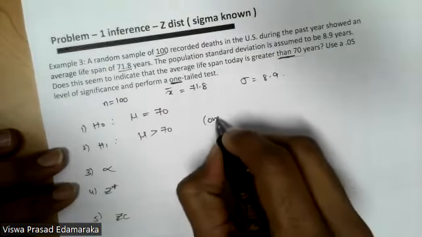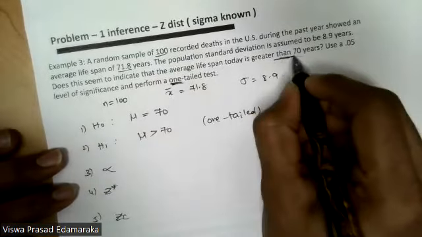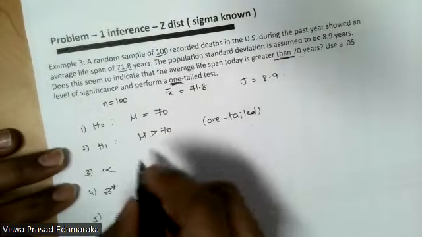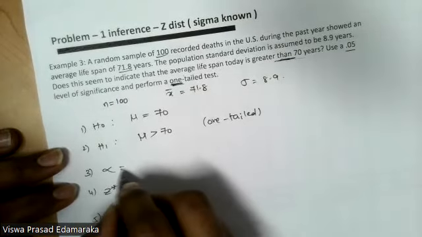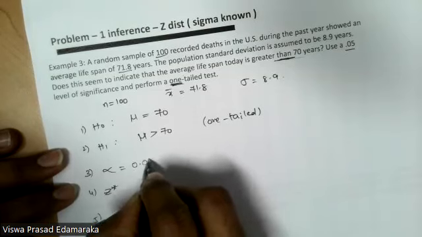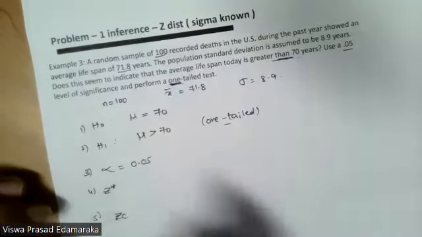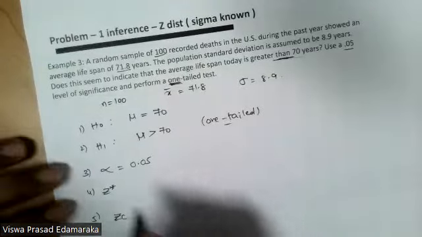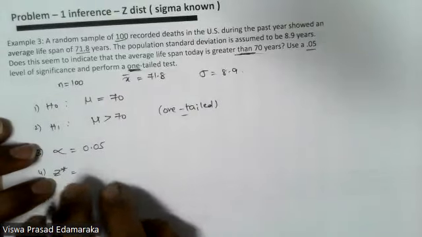This is a one tail test. Moreover, even without his telling, we can say it is greater than 70. That's why it is a one tail test. The level of significance he has given directly as alpha 0.05. Here, because of the one tail test, we don't calculate alpha by 2. We need to calculate z star, that is from the table.